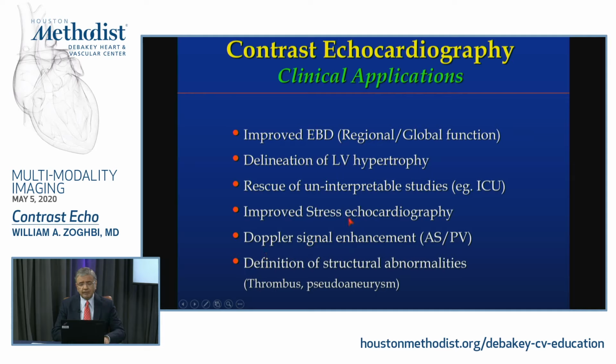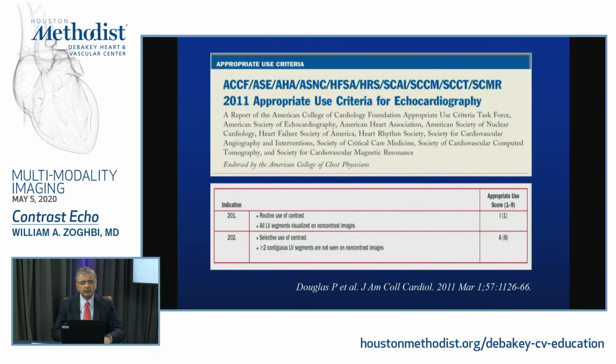Stress echocardiography, not yet a prime indication, but you could see why it would be important. Doppler signals, definition of structural abnormalities, thrombus, pseudoaneurysm. Now you look at flow for pseudoaneurysm, trying to understand that. So basically, tracking flow and the border between flow and a structure, right? This is what we're talking about here.